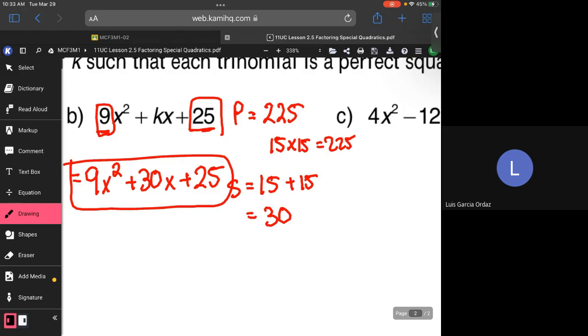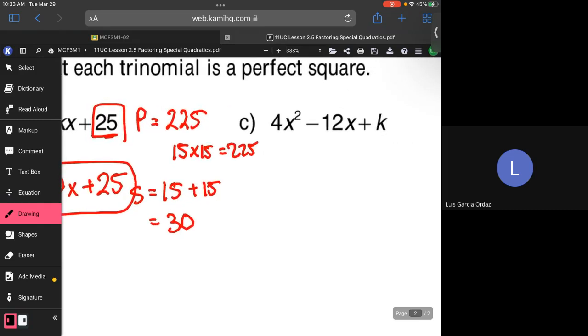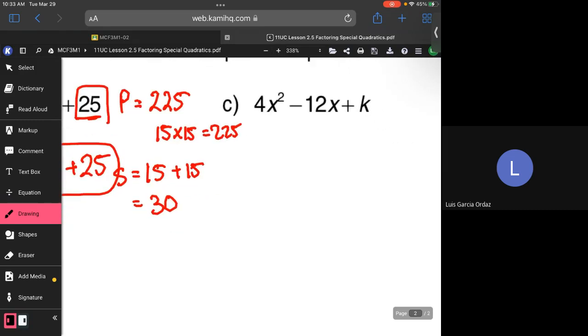And then for C, try to do it on your own and then let me know what the answer is. So this one's different because we're not solving for the middle term, we're solving for our last one.